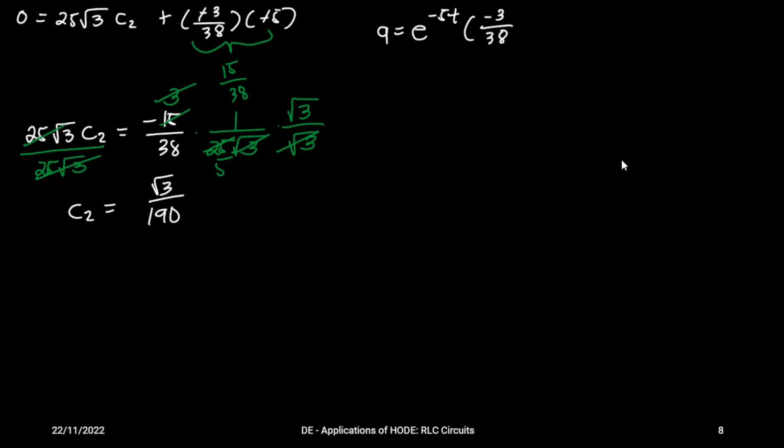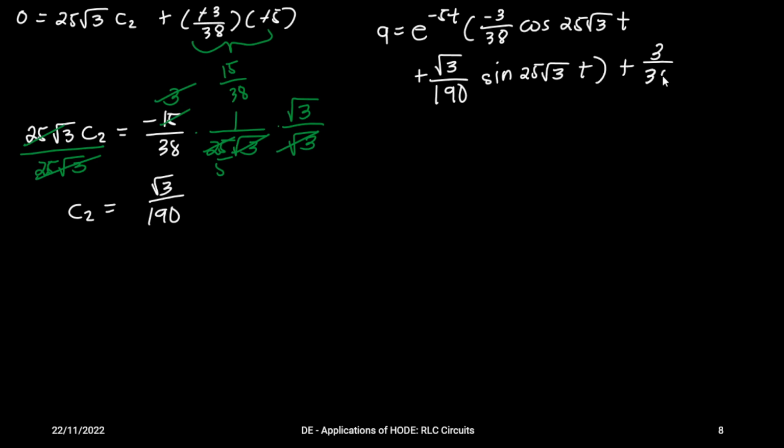Ano yung kadugtong? So we have cosine 25 square root of 3t. Then we have plus square root of 3 over 190 sine 25 square root of 3t. Okay, plus 3 over 38. This is now the value of the current. Okay, the value of the current at any given time.